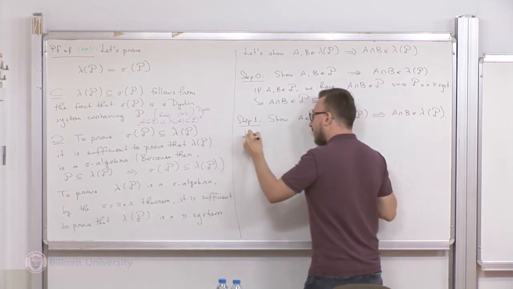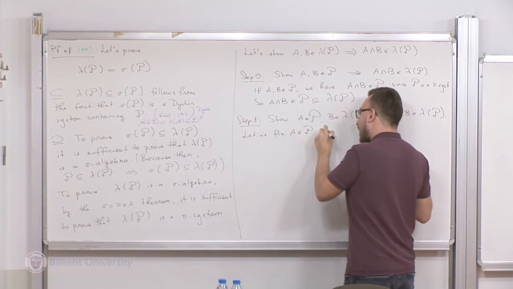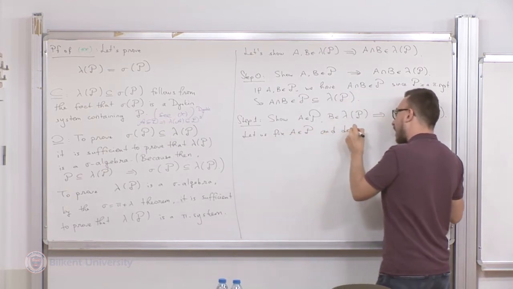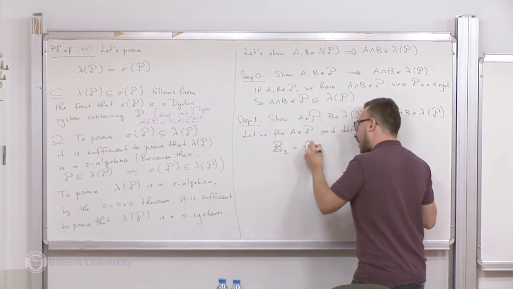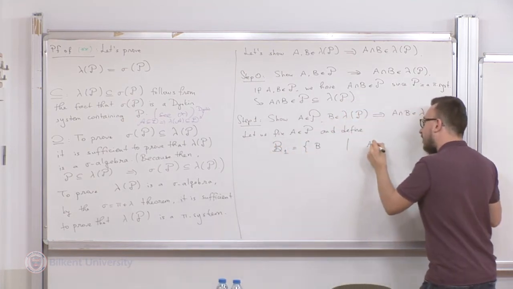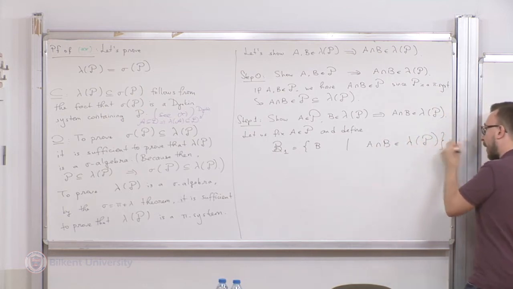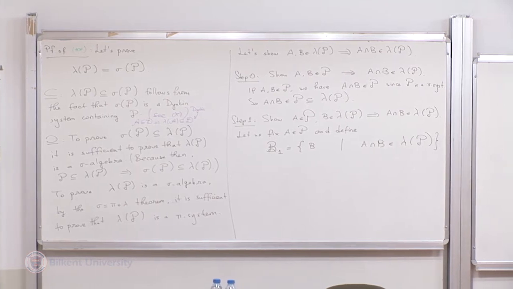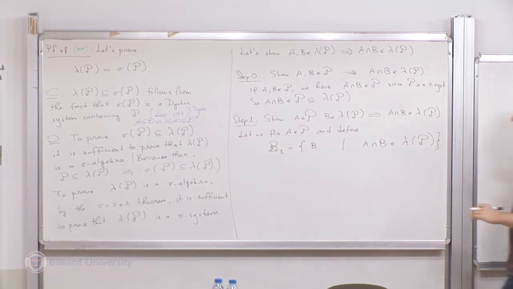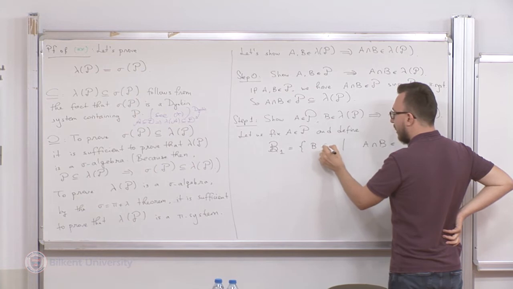Okay, let us fix A in P and define the collection of sets for which A intersection B is in lambda P. Let's say the sets in, where? In here.